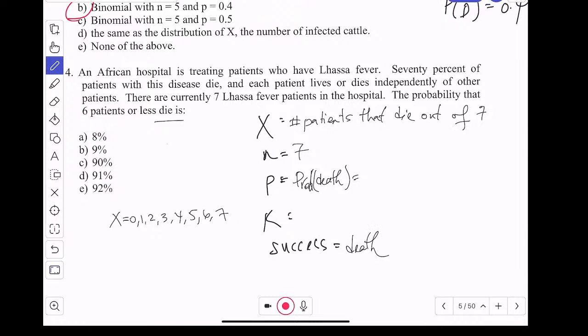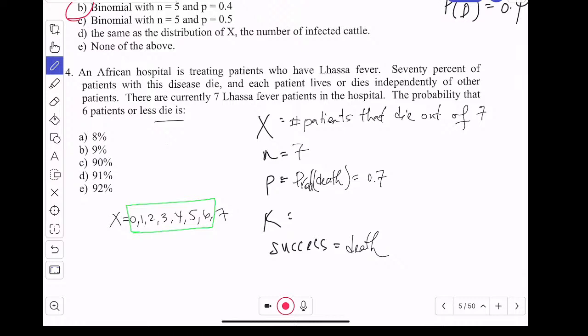The chance that they die of the fever is 70%. Wow. Very high. So we want to answer the question, what's the probability that 6 or less die? 6 or less dying is going to be all those.